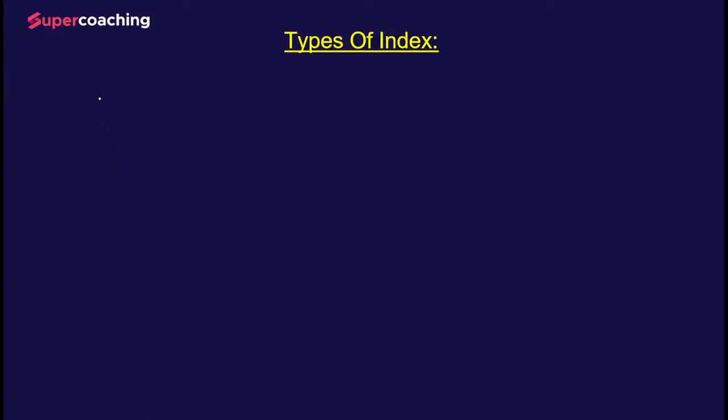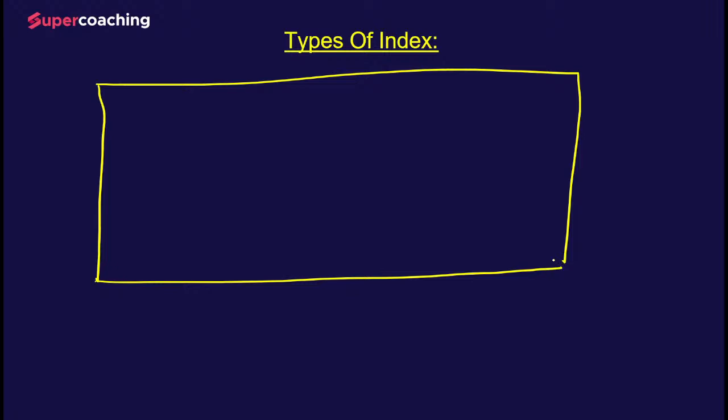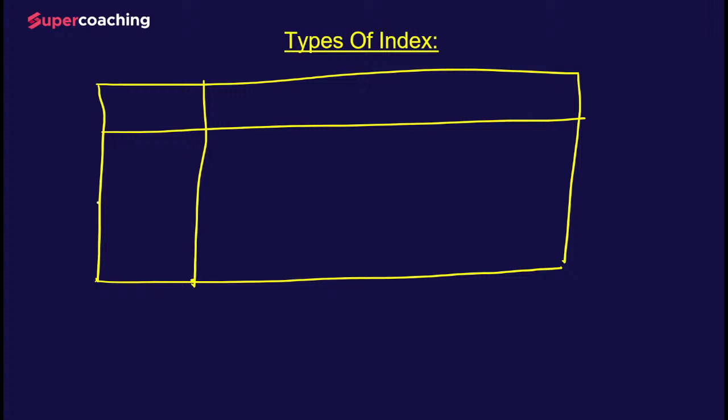So let's go through the summary. जो हम index create कर रहे हैं, that is on the basis of ordering and the key. Anyone having any doubt? This is the summary.